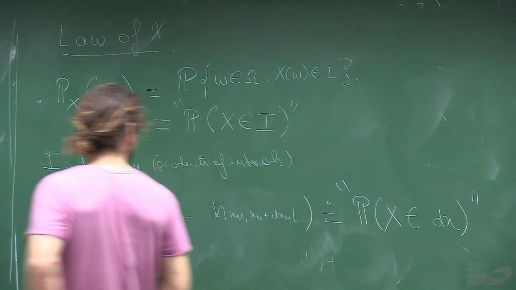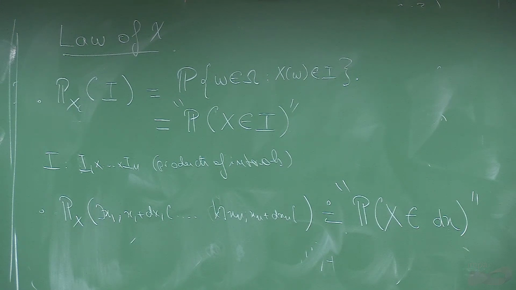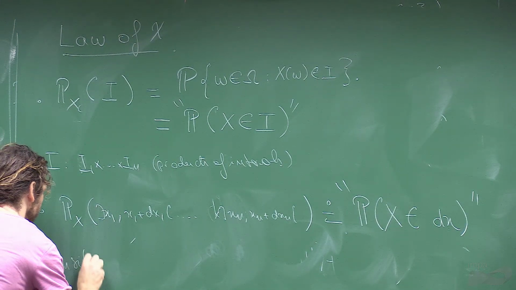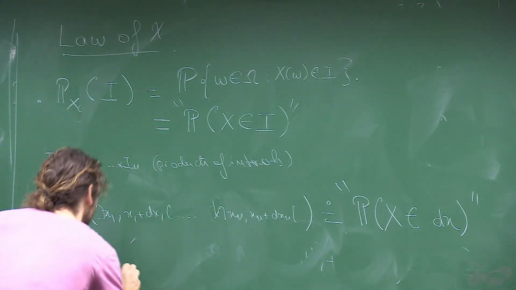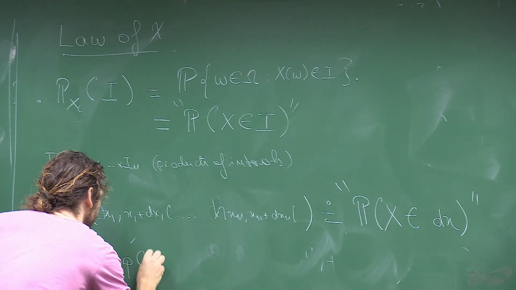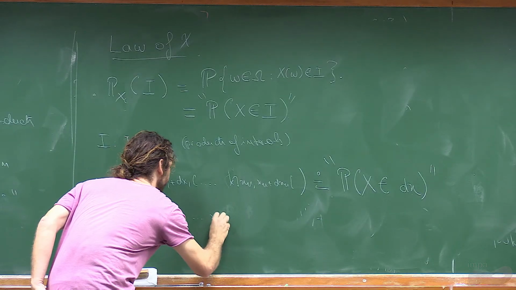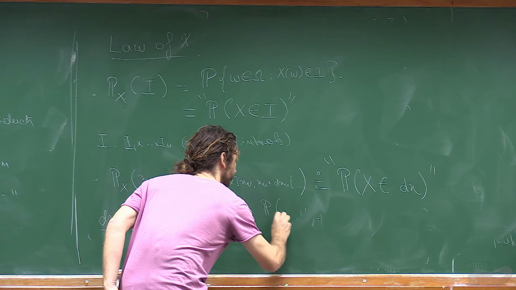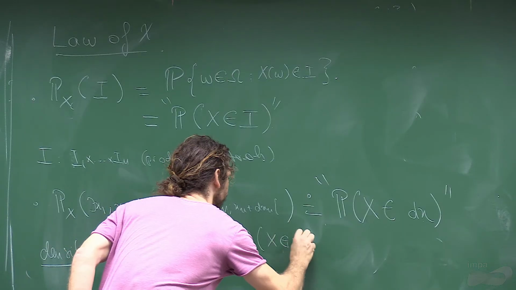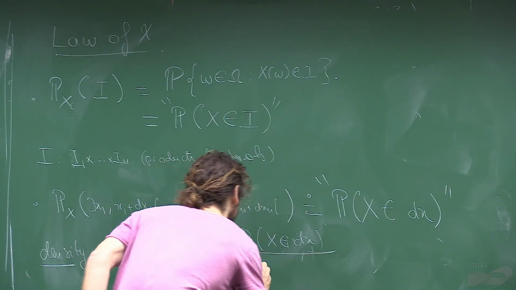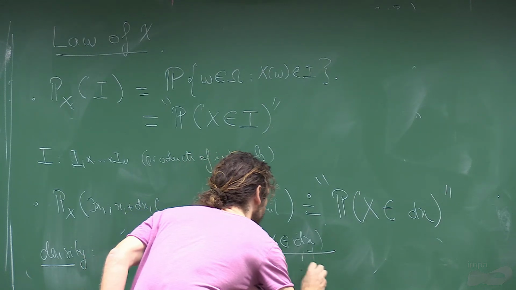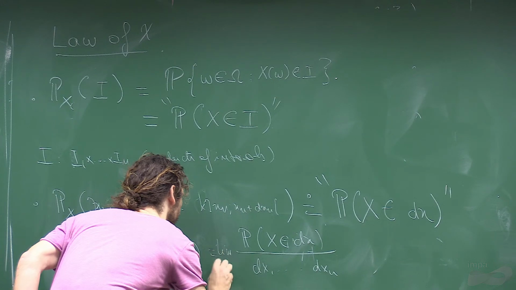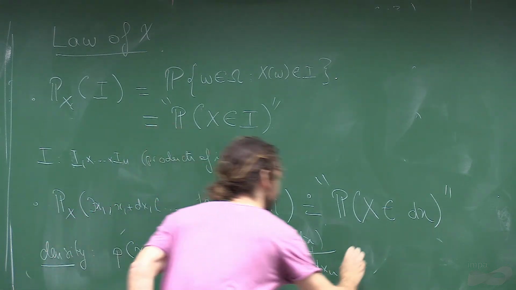And if you want to define, for example, a density, we may define a density as small p of x1, ..., xn equal to P of X in dx divided by dx1 ... dxn in the limit where dx goes to 0, and this is basically a density.